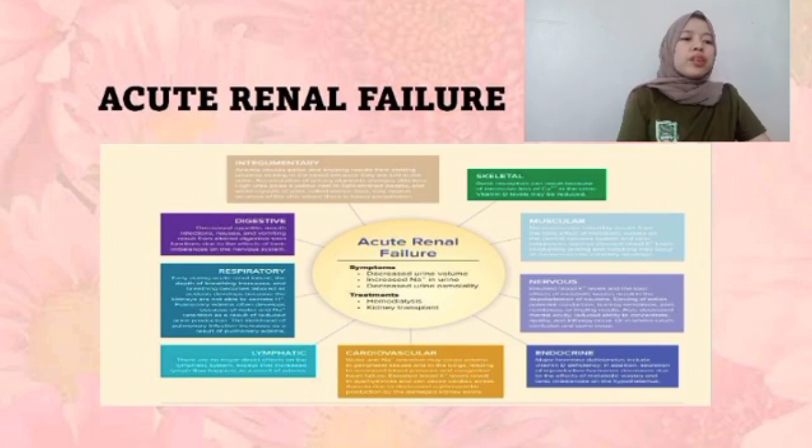Acute renal failure has significant effects on other organ systems in the body, as this diagram illustrates. It can affect the integumentary, digestive, respiratory, lymphatic, cardiovascular, endocrine, nervous, muscular, and also our skeletal system.